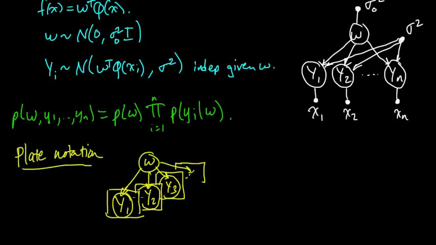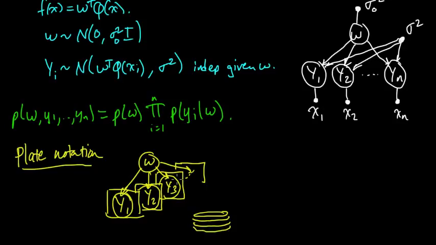And W has an arrow going to each of these y's. So if you envision this as a three-dimensional stack of these square plates, we stack these plates all one on top of the other. If you ever go to a buffet and you get a plate off of the stack, that's the analogy here.